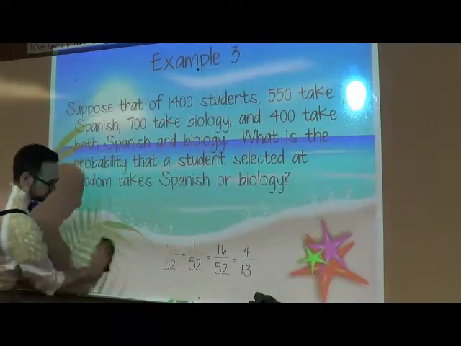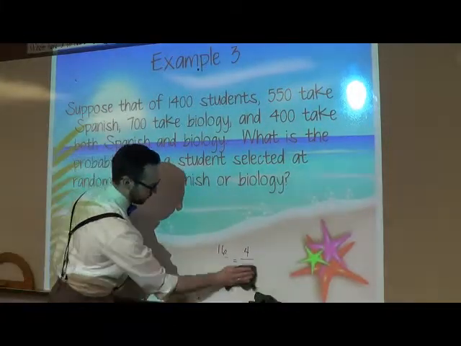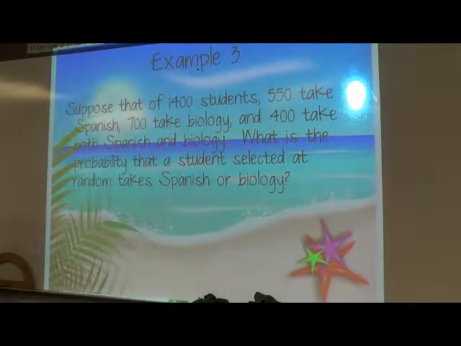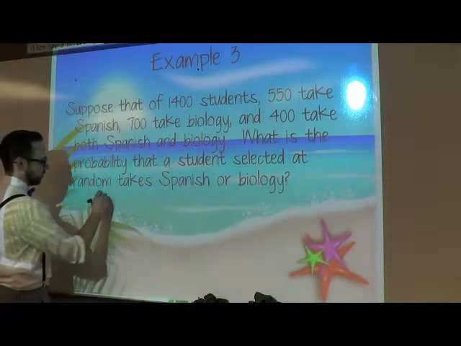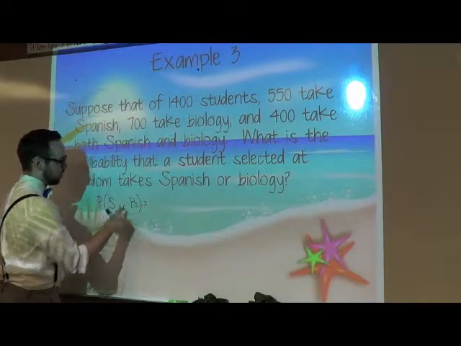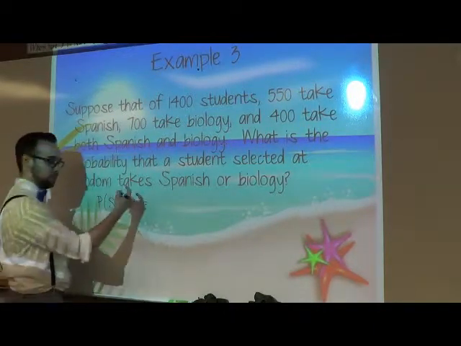So let's go ahead and look at some examples of this. This one was just to help you see what it really meant to subtract that away. So this one says, suppose that of 1,400 students, 550 take Spanish, 700 take biology, and 400 take both Spanish and biology. What is the probability that a student selected at random takes Spanish or biology? So this one's pretty straightforward. We want the probability of Spanish or biology. So the word or indicates addition.